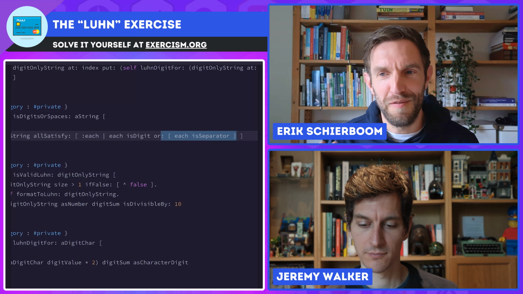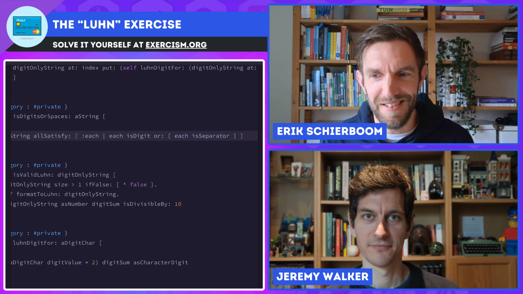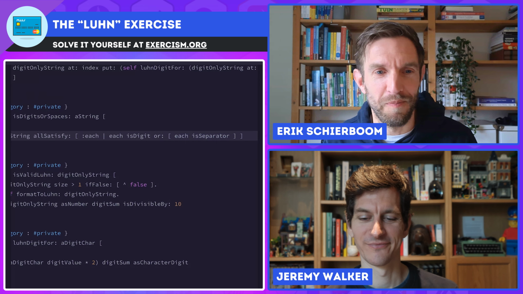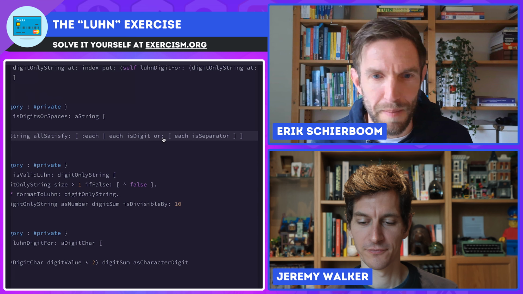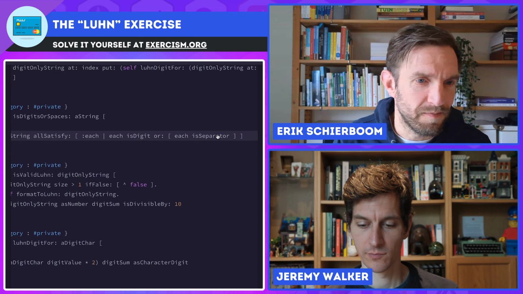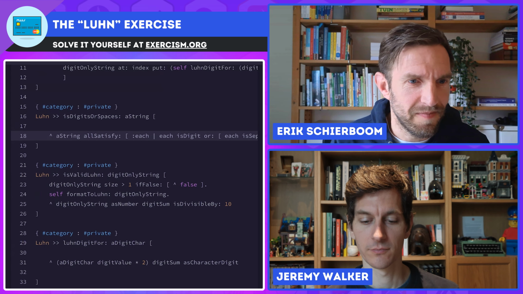It's very funny to see how Booleans are implemented in Pharo. If you ever want to have a little Pharo moment, look up how Booleans are implemented. It's really cool. But it's basically just saying everything has to be either a digit or a separator. So isSeparator is also built in. That's just spaces, basically. I think it might also be tabs or whatever, but white space, I guess.